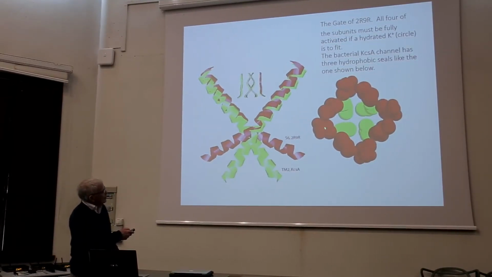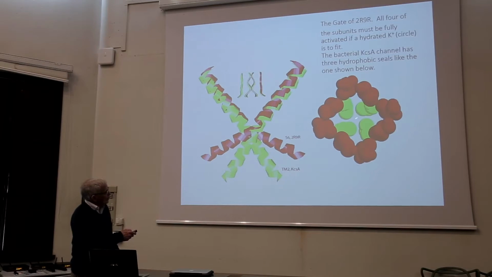And if you look at the cross section of them, you see that this channel won't allow an ion to go through, while this one allows the ion to go through quite easily.